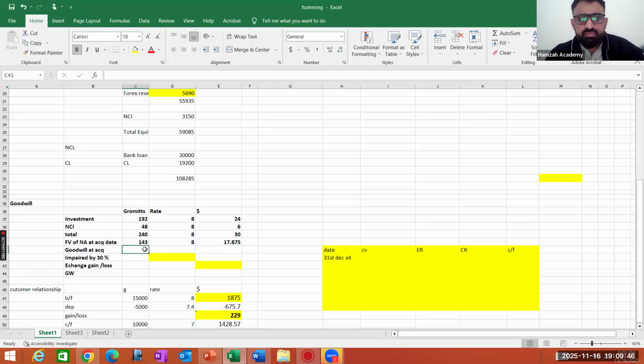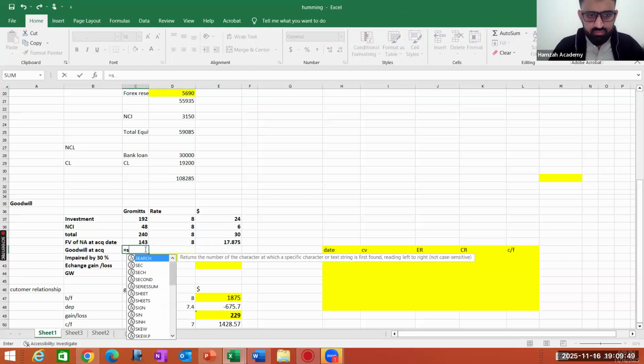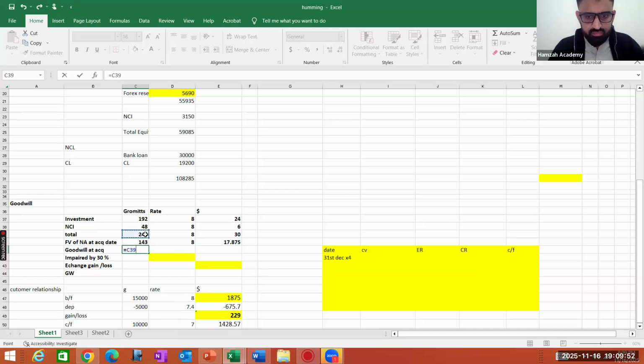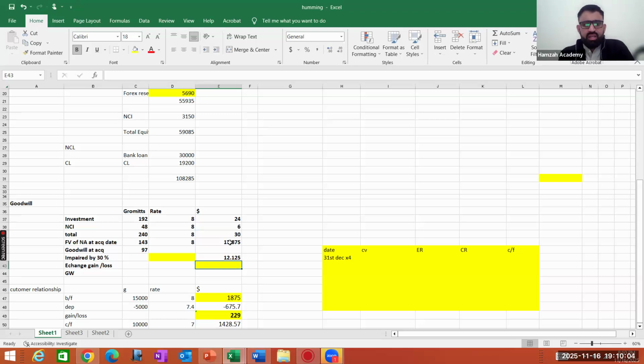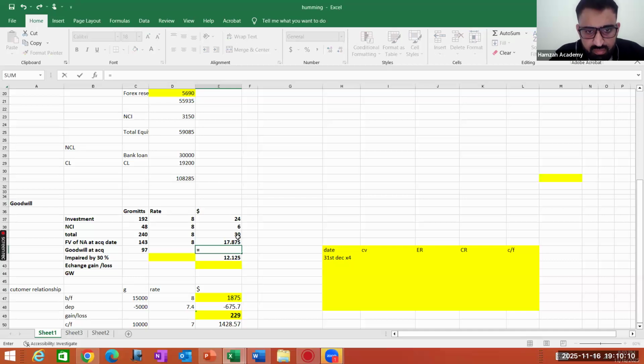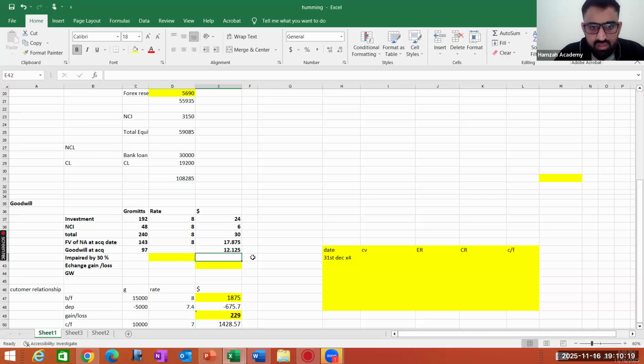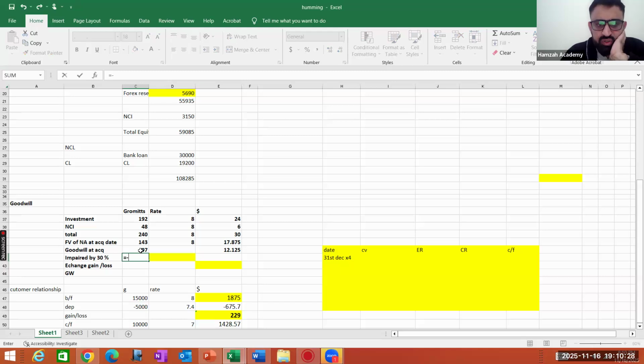And now the goodwill in terms of ringgit is 143, and in terms of dollars, it is 12.125.